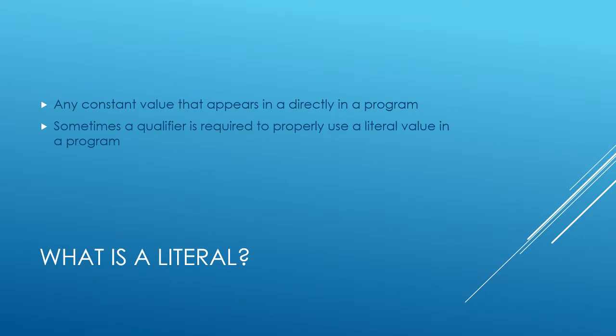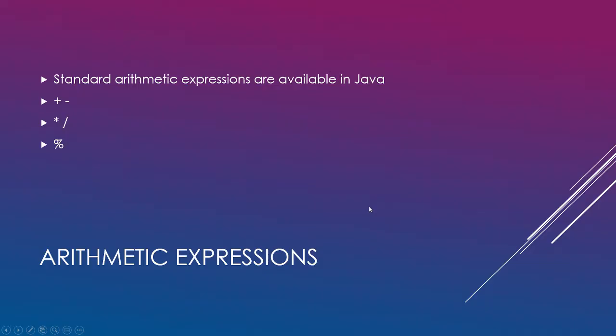So what is a literal? A literal is basically any constant value that appears directly in our program. Sometimes a qualifier is required to properly use a literal value in a program, like the L, to say this is a long value. In Java, we can also use the standard arithmetic expressions, so the plus and minus, multiply, divide, modulus, or remainder.